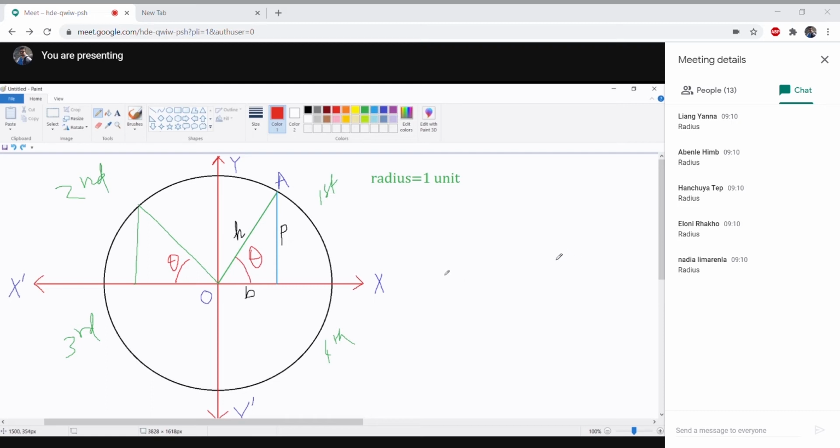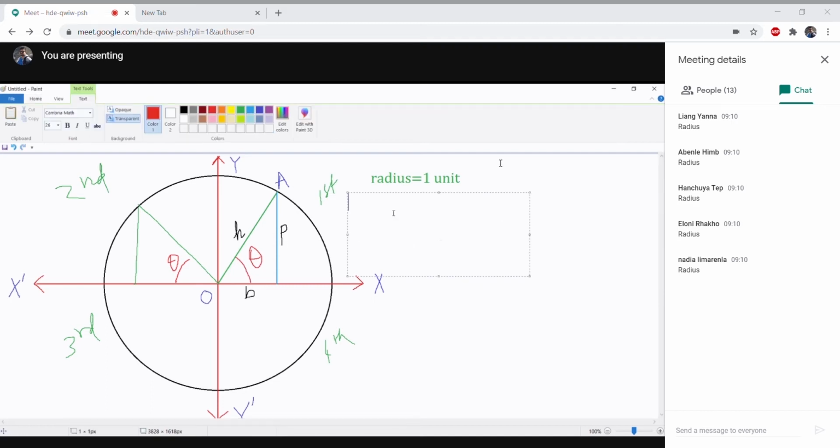Okay, so in the first quadrant, all values are positive. Understood? Sine, cos, tan, all are positive. Why?